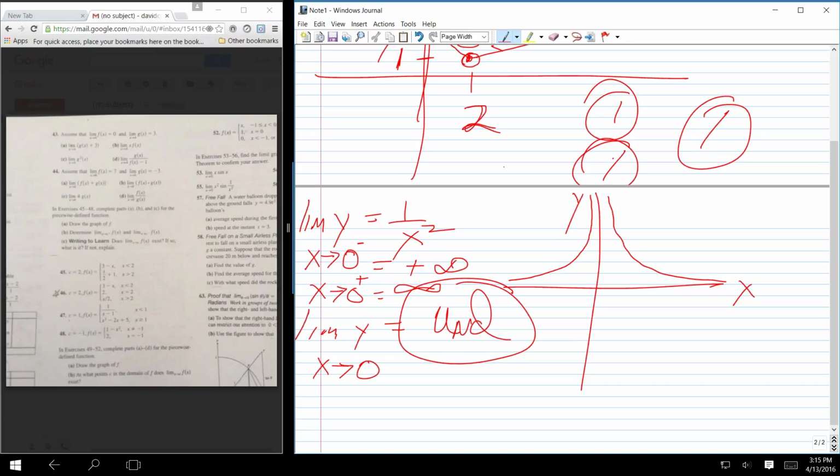Okay. In other words, clearly this limit exists because it's the same from the left as it is from the right. But it's different than the 1 over x, which definitely did not exist. You cannot get two numbers further away from one another than negative infinity and positive infinity. Right. All right.